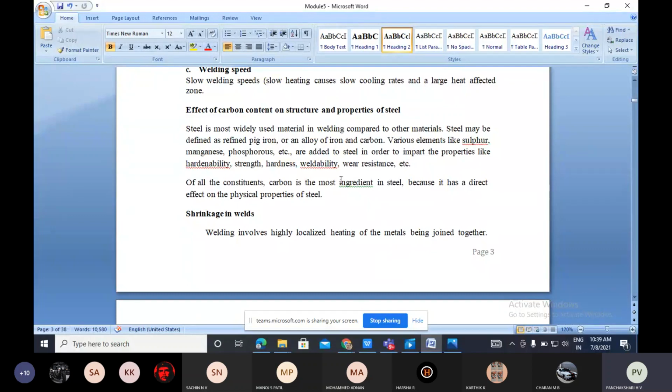If it is 0.4%, 0.5% carbon, yes, it can be heat treated. It will impart very good properties after heat treatment. Like that, higher carbon steels can be heat treated. Lower carbon cannot be heat treated. So those are the important effects of carbon in steel. Okay.